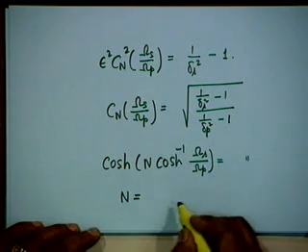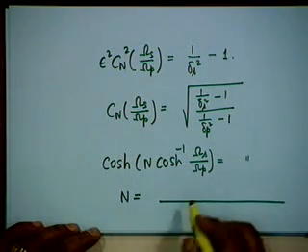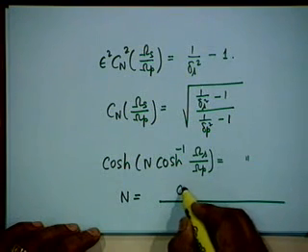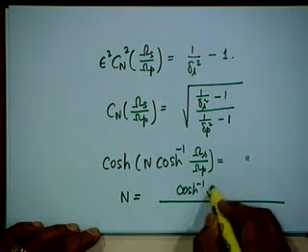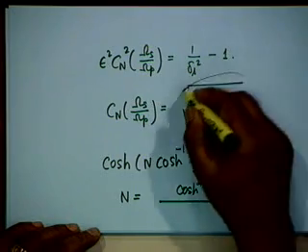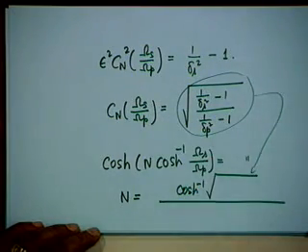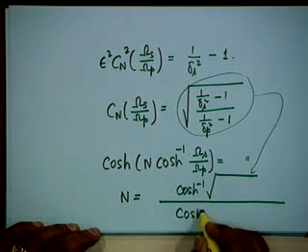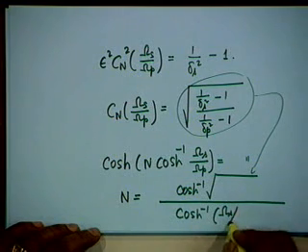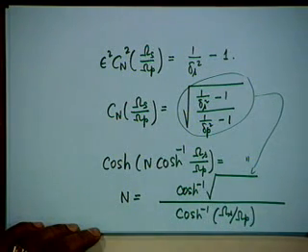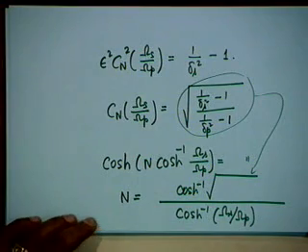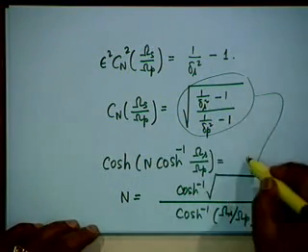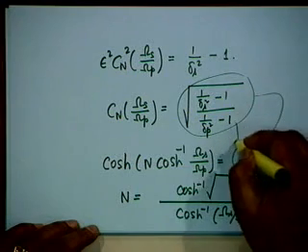Therefore, capital N is equal to, yes, can I write this now, cos inverse this factor divided by cos inverse omega S divided by omega P. Is it okay? I didn't write this again and again, it is the same factor here.